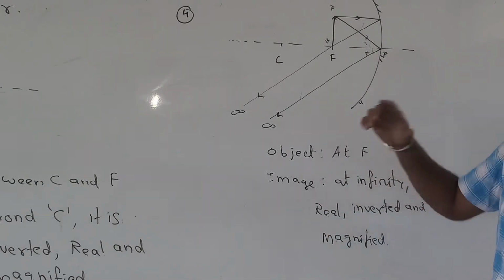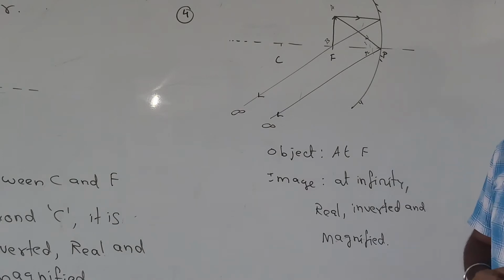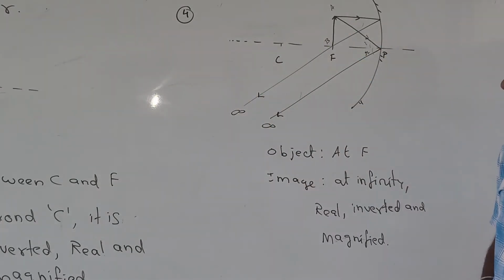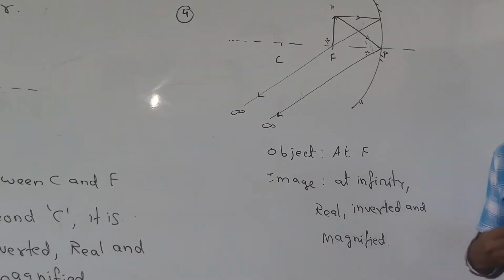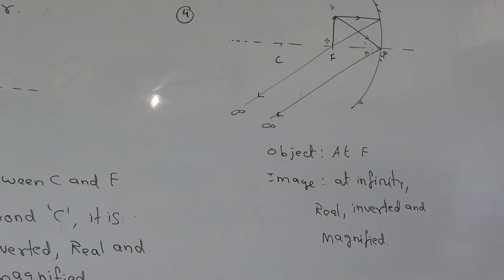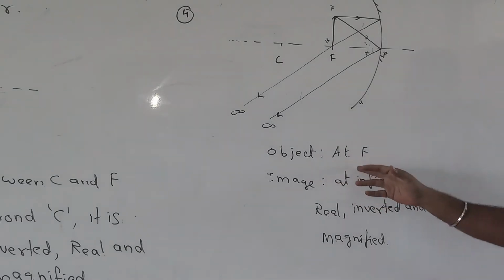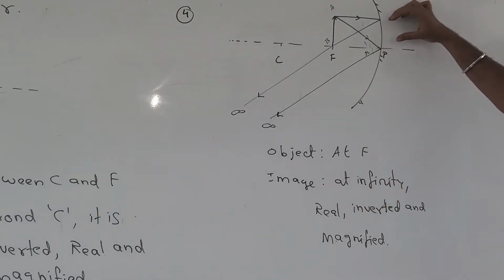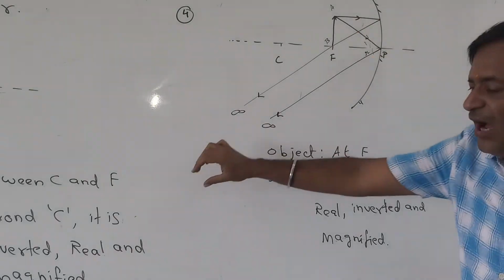Okay, so where will that image be formed? That image will be formed at a very large distance, or effectively we can say that the image will be formed at infinite distance. So this is the ray diagram. The object is kept at the principal focus. The image is formed at infinity because the reflected rays are meeting in forward direction.